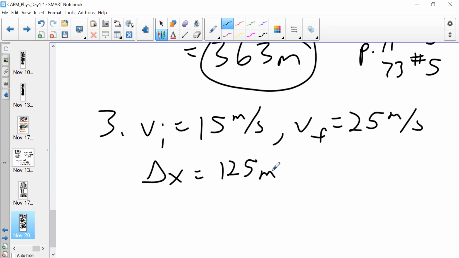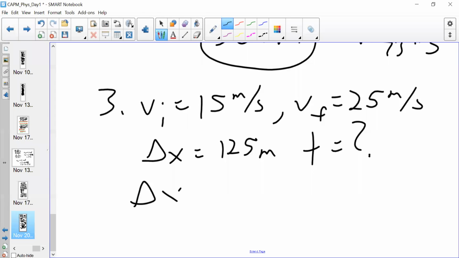I would say they're using distance because they're not indicating an actual direction. Distance is just a number, but displacement would be the number and direction. So technically, if they said the car travels a displacement of 125 meters east, that would be the correct use of that word. And now we want to find how long it takes to achieve the speed.